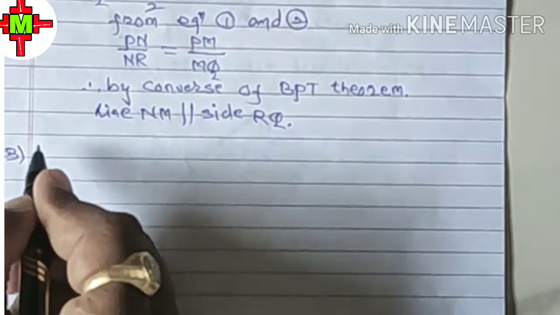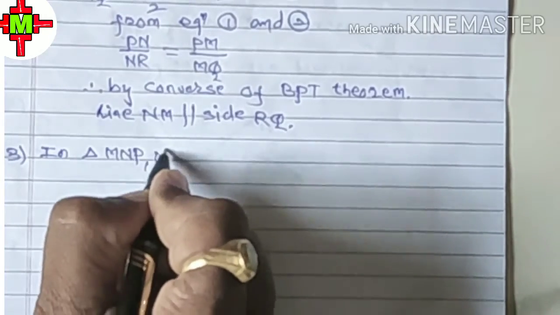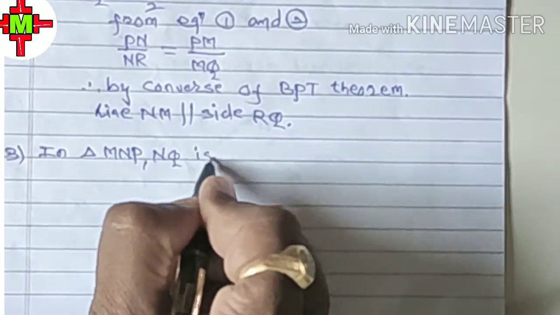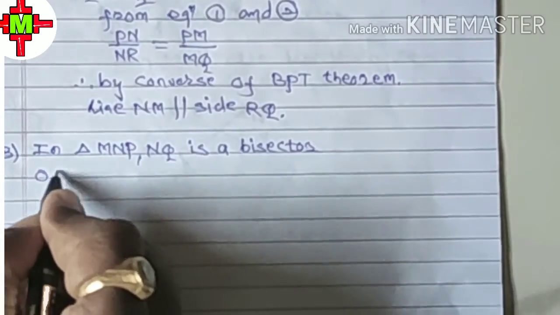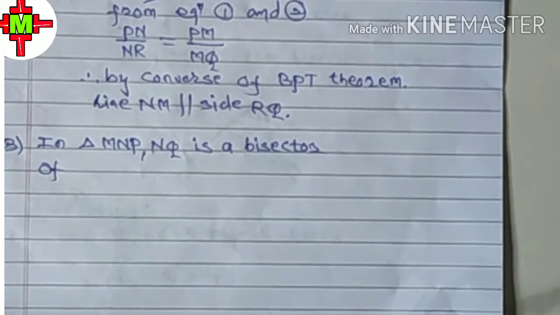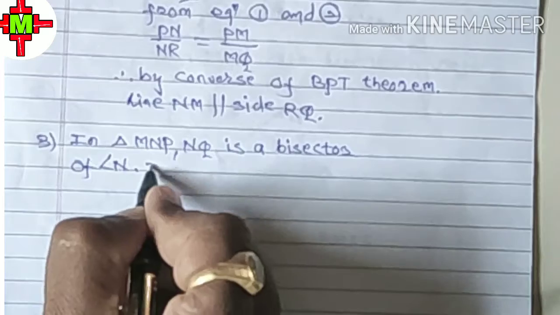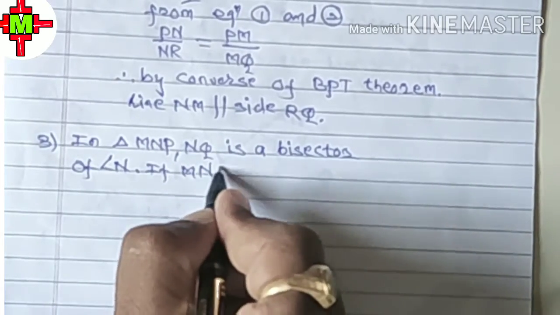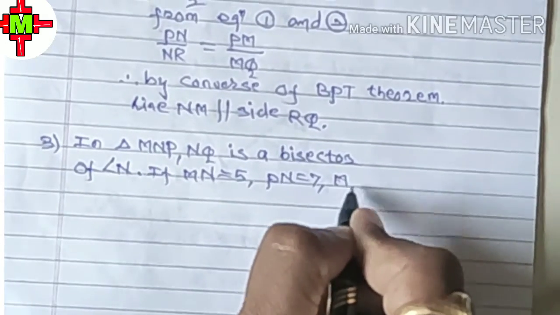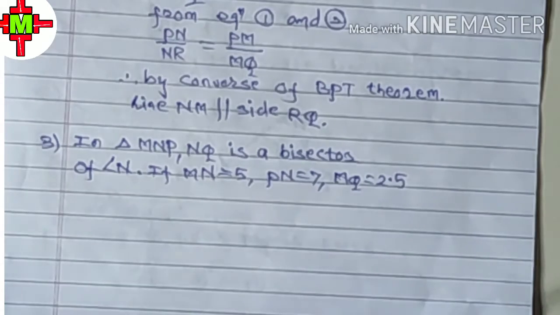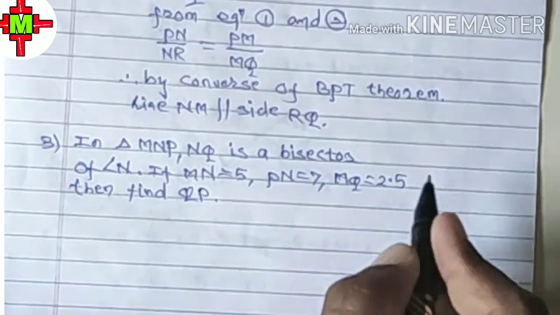Now question number 3. In triangle MNP, NQ is a bisector of angle N. If MN is equal to 5, PN is equal to 7, MQ is equal to 2.5, then find QP, and figure is given to you.